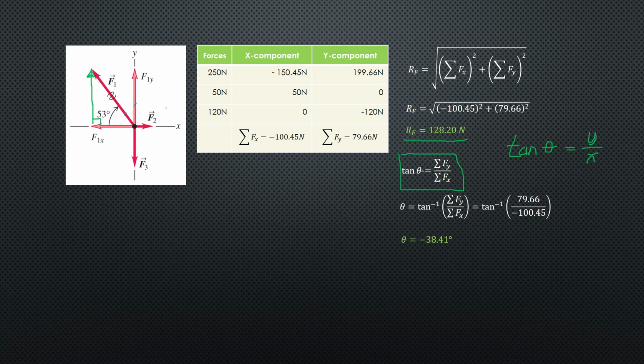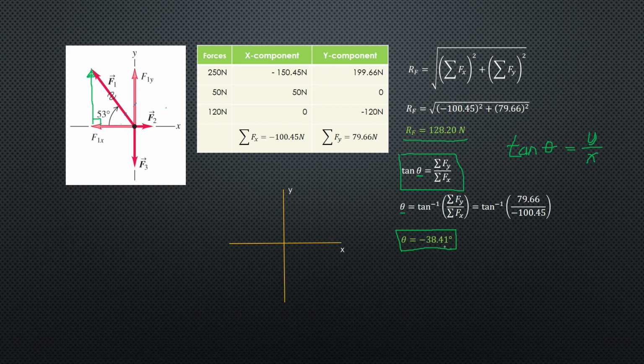Solving for theta, you'll get arctan of the summation of forces along y over the summation of forces along x. That will give you arctan of 79.66 divided by negative 100.45. Always include what is given, including the sign. So you'll get an answer of negative 38.41.